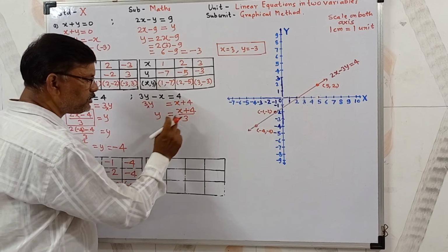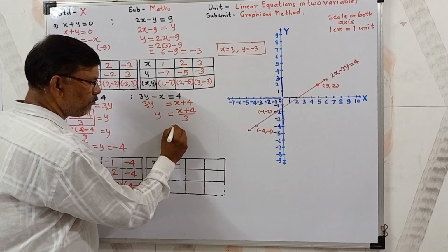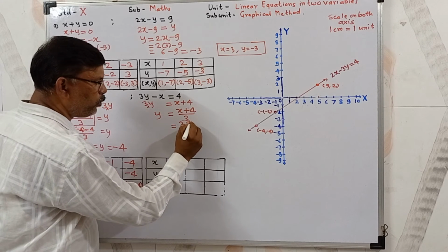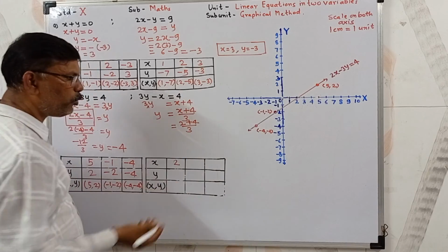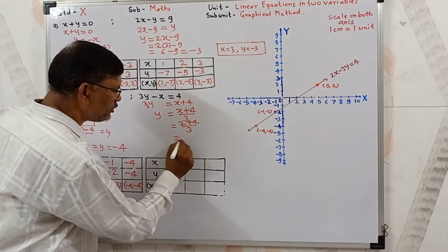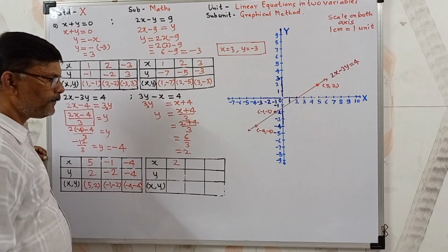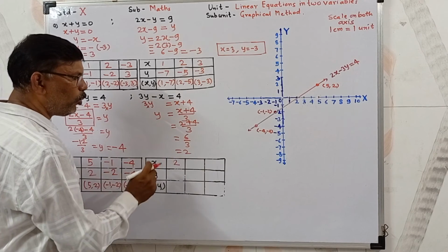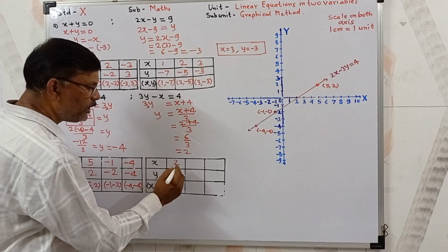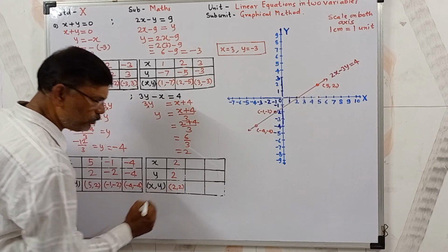We first put the value of x as 2. 2 plus 4 upon 3. 2 plus 4 is equal to 6, 6 upon 3 is 2. So the point is 2, 2.